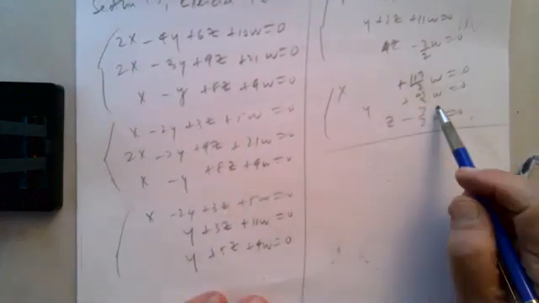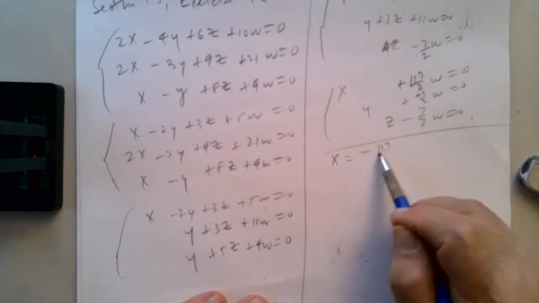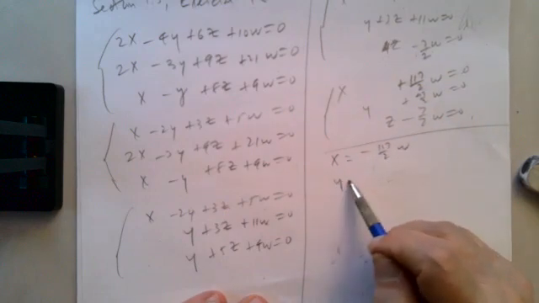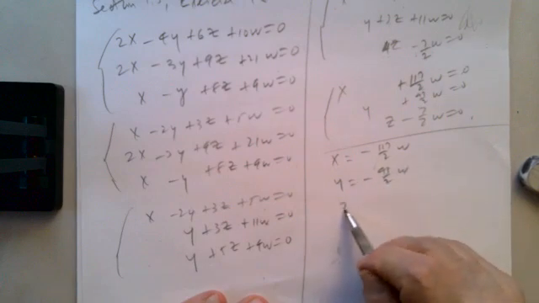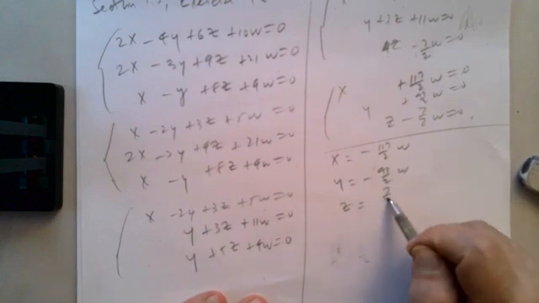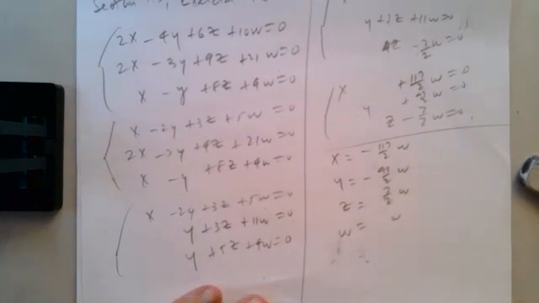This says that for any w, x is equal to minus 117 over 2 times w. Y is minus 43 over 2 times w. Z is 7/2 times w. And w is just w.